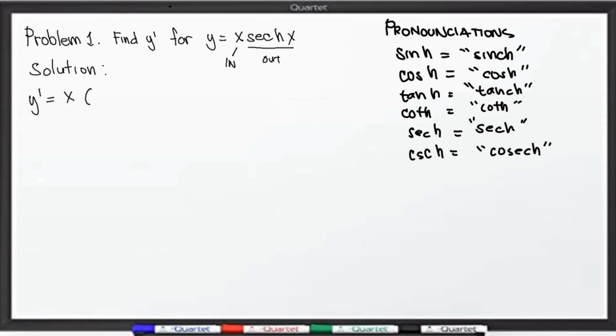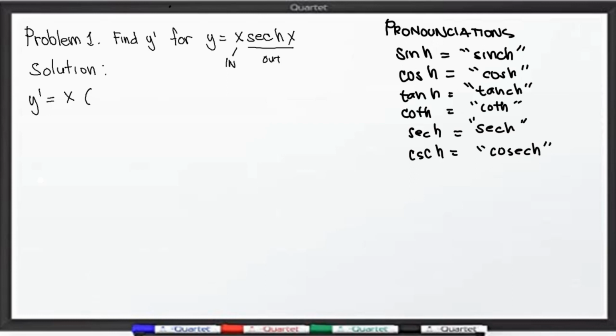Yung tatlong primary functions, which is sine, cosine, and tangent, lahat daw po yun ay positive. Lahat ng kanilang reciprocal ay negative. Ito pong sech ay reciprocal ng cos, kung kaya't negative po yan.